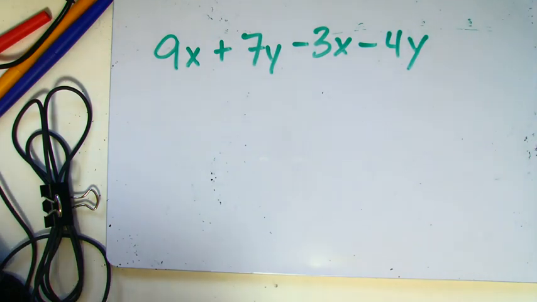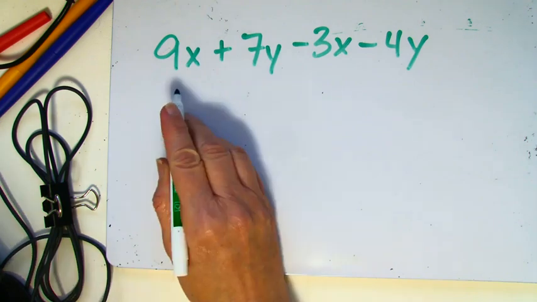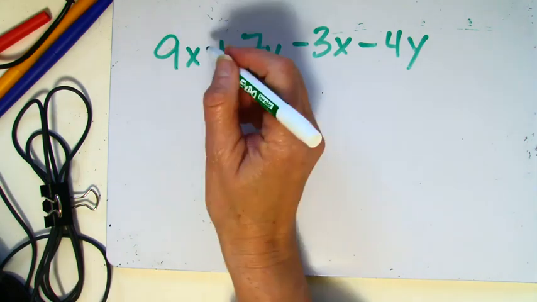I like to either use colored highlighters or make a shape or an underline to identify the terms that are alike. I'm going to circle the terms that have x's as variables.